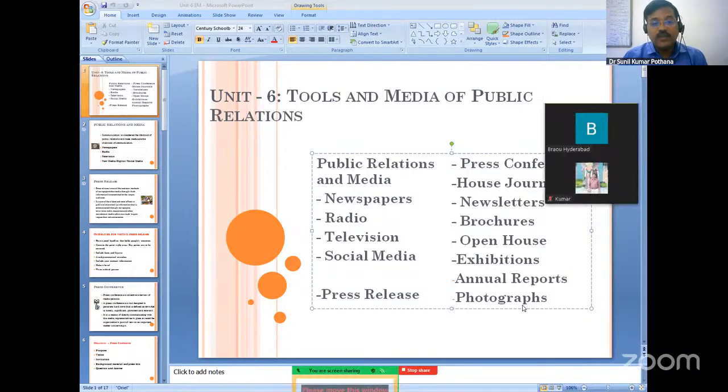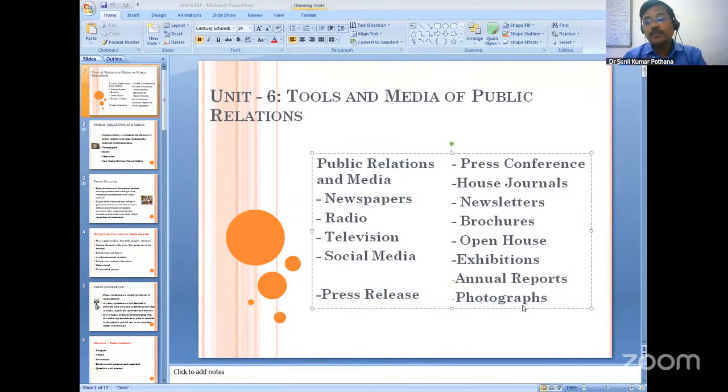We have various types based on format and size: broadsheet newspapers, tabloid newspapers, and in between, the mid-size we call Berliner. These kinds of sizes are available in newspapers.